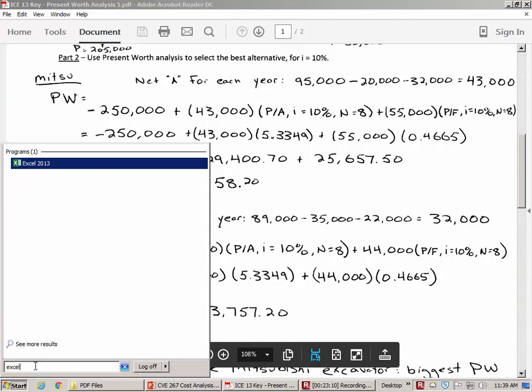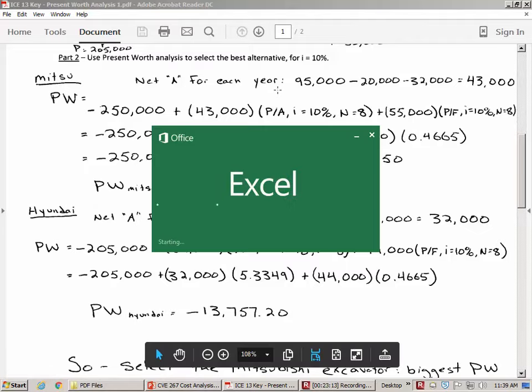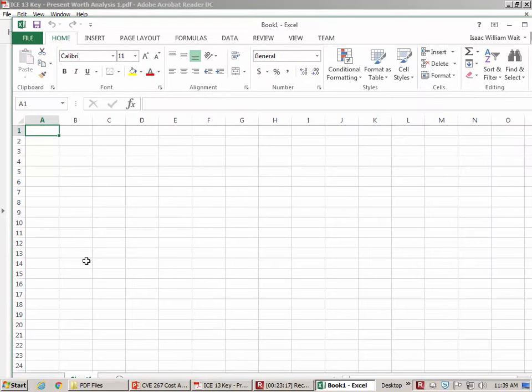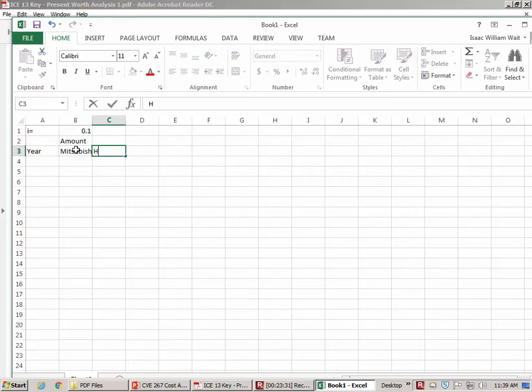So let's do this as a cash flow table rather than a cash flow diagram. And we want to start with our interest rate, and it's 10%. And then here's year, amount. And we're going to set this up where we have both the Mitsubishi and Hyundai.